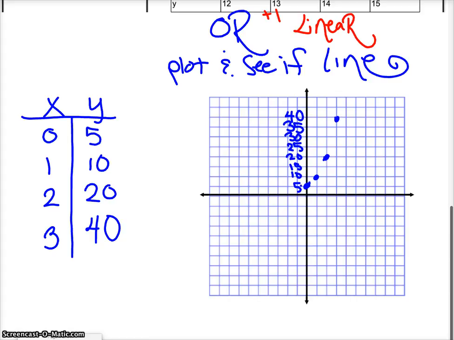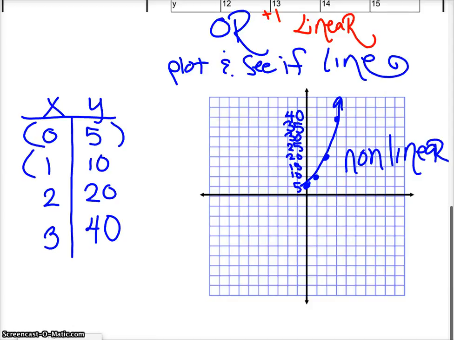Does this look like a line? Does it look straight or curved? Curved, nonlinear. And that's what your homework is like today.